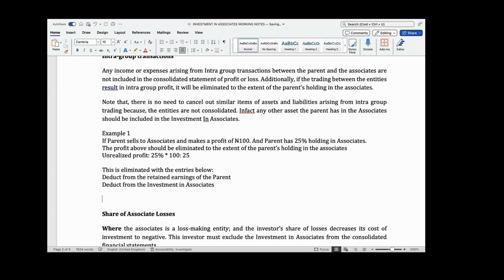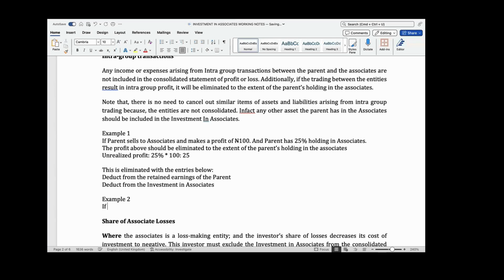So another example, let's say the associate sells to the parent and makes a profit of 100, and the parent has a 25% holding in associates.